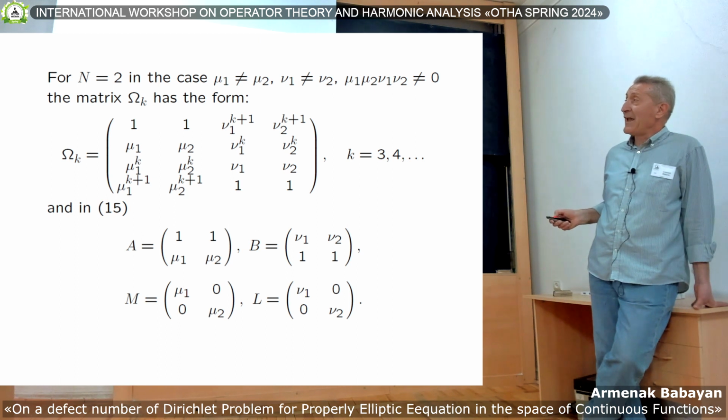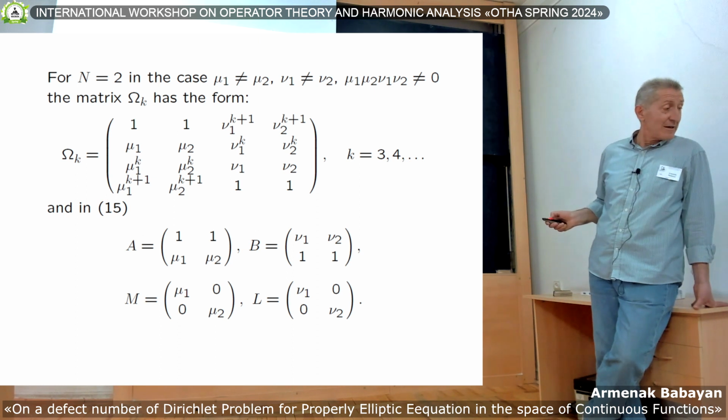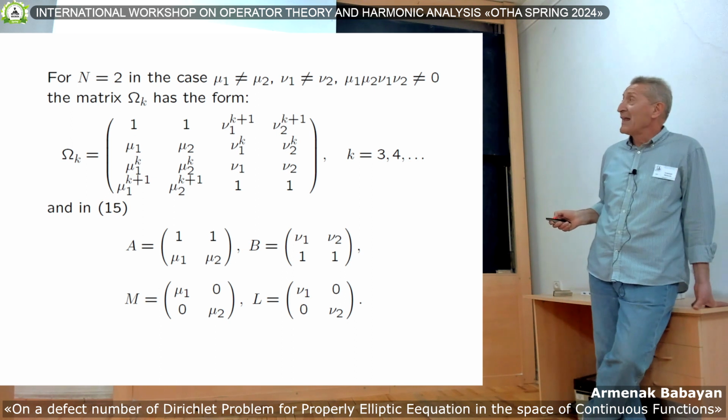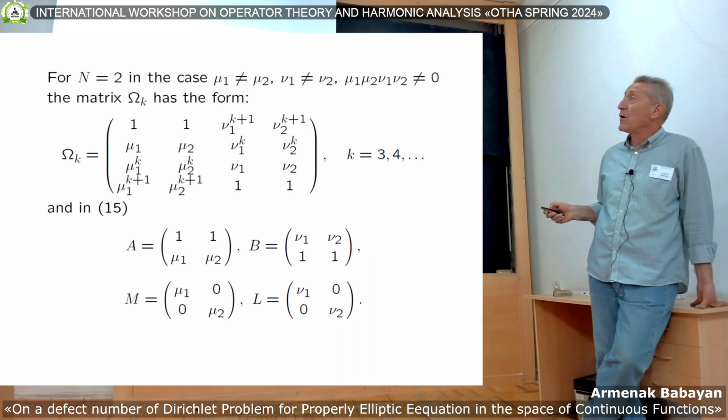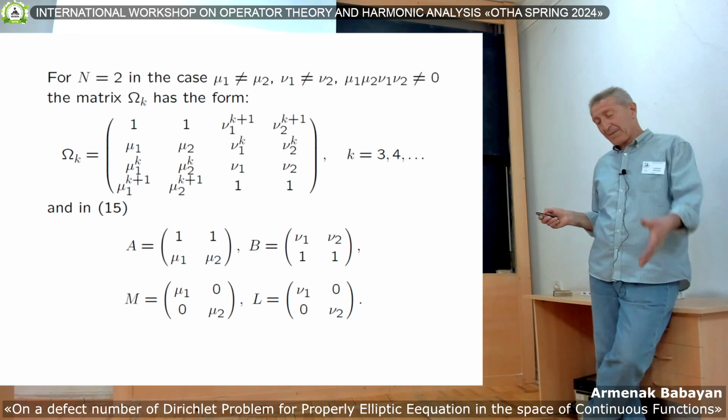In this case, M and L will be simply diagonal matrices, which we have. And you see that if K is 0 or 1, this matrix is singular because the determinant is equal to 0.